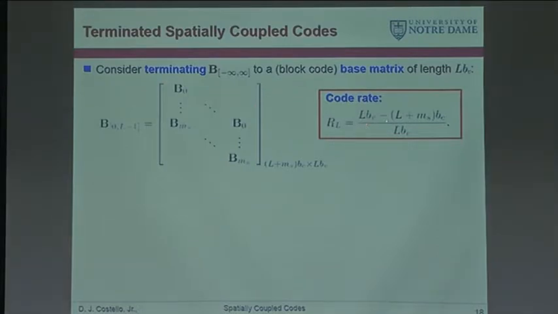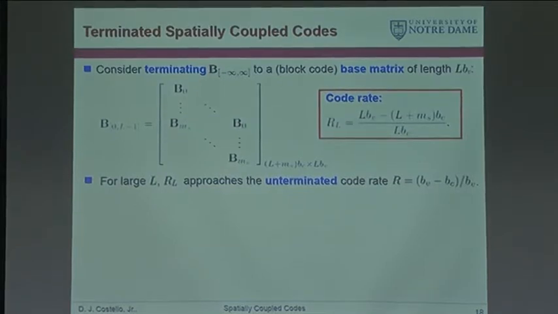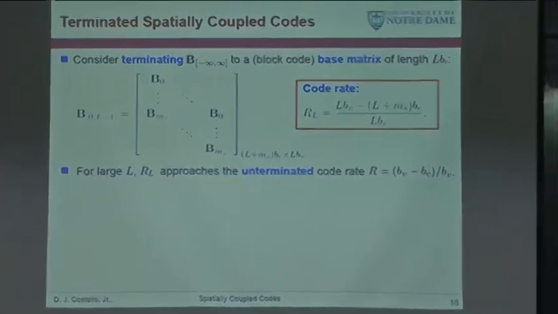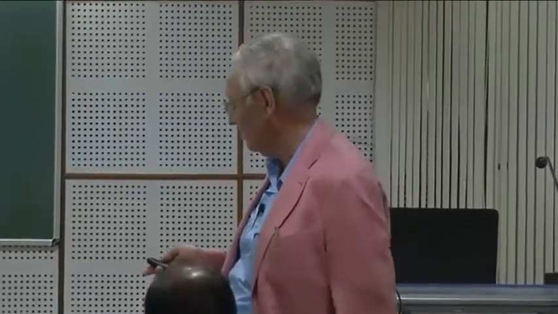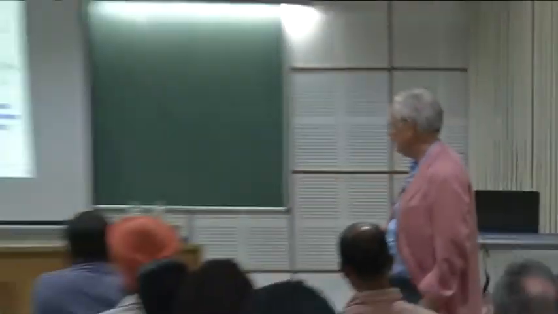So the total rate is given by this expression. If L is large compared to the memory, which it normally would be, then it just reverts to the rate of the unterminated code ensemble. So if we don't terminate, we have this as the true rate. If we terminate, we have a slightly smaller rate. If we use a small L for termination, then we'd get a big rate loss associated with this termination.